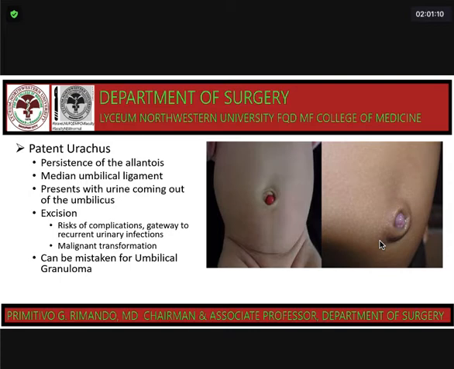If the mother tells you yes, doc, then that can either be an omphalomesenteric duct remnant or a patent urachus.